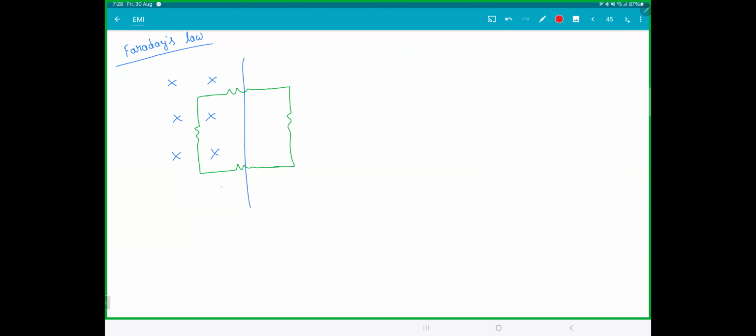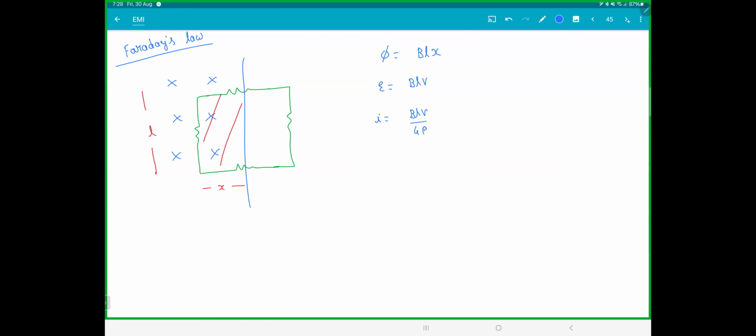Let this distance be x. Let this length be L. So we are only interested in this part of the area. So flux will be B into L into x. So EMF will be B into L into V. So current will be BLV by 4R.